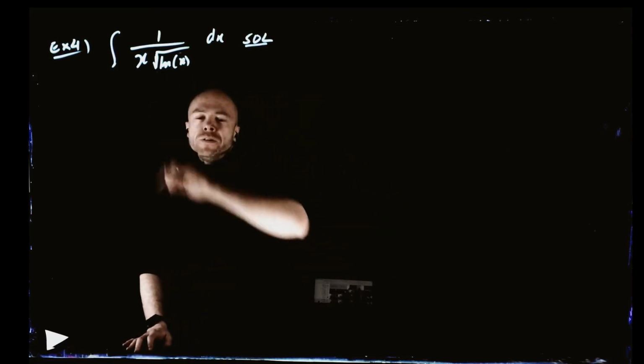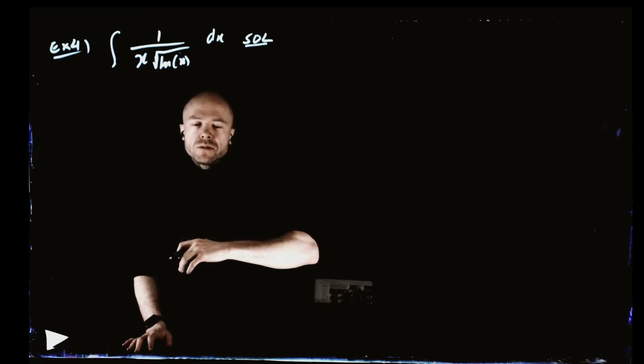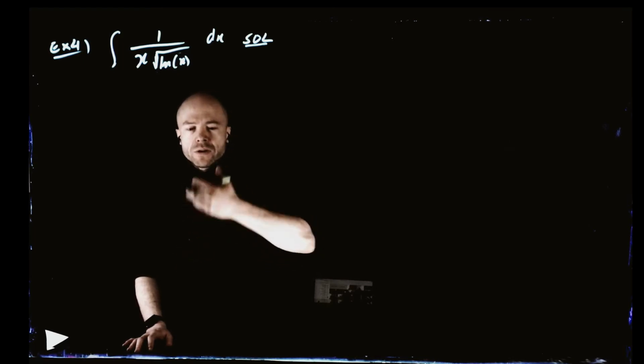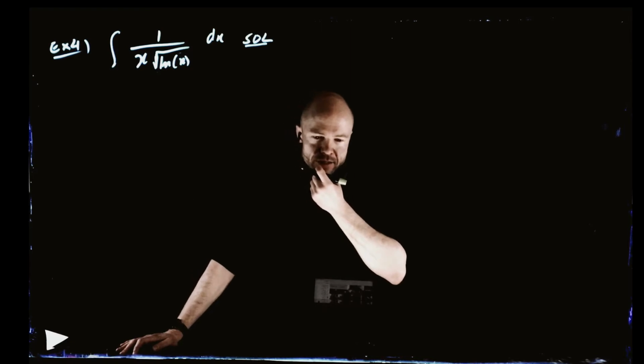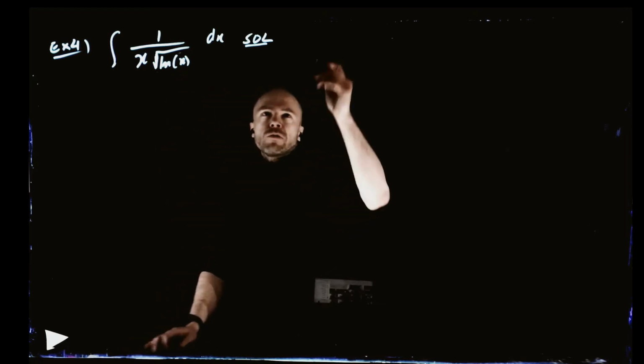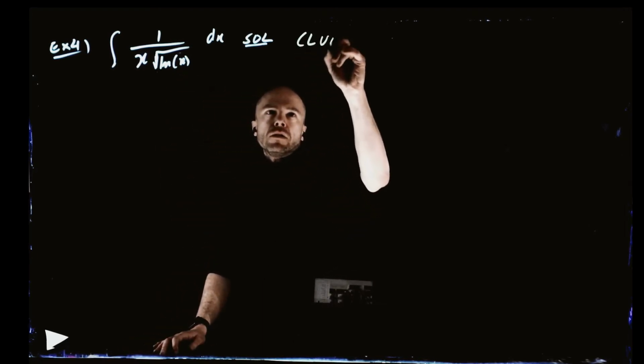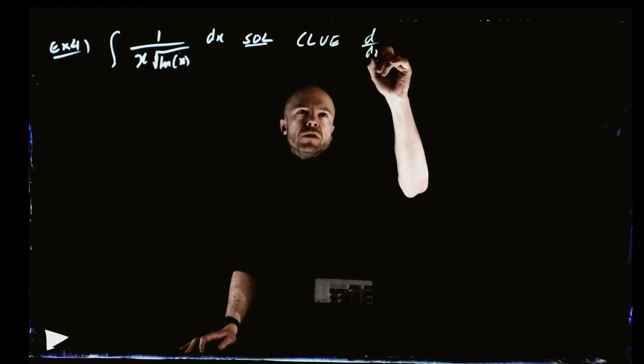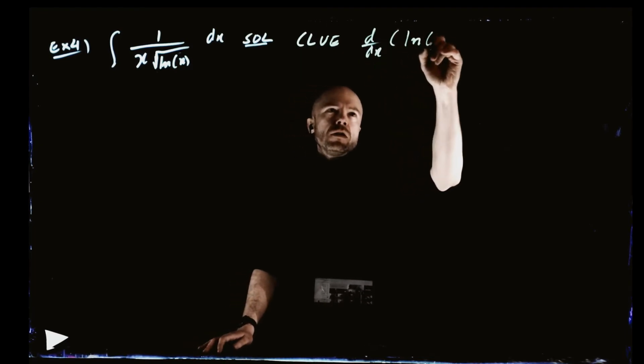It's a U-sub. Someone tell me how we know this. What was the clue to tell us that we're going to use a U-sub? Perfect. Yeah, the clue is that we have natural log right here. We take the derivative of natural log.